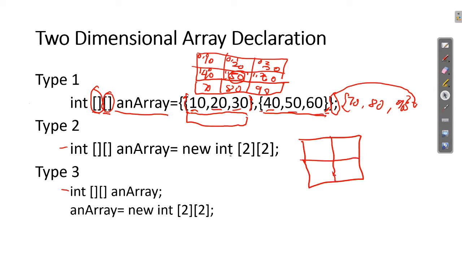So sabi dito, we'll be having 2 rows and 2 columns na array. So this will be row 1, or row 0 rather, and then row 1. So this will be column 0 and then this will be column 1 because we declare our index as 2 and 2. Same goes with this type 3. Pareho lang. Okay.